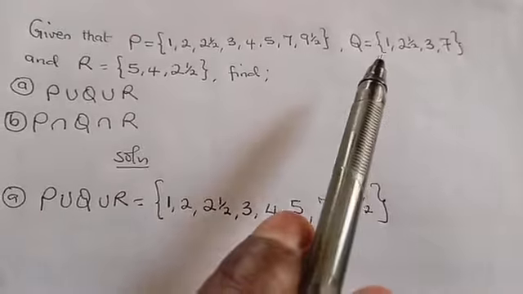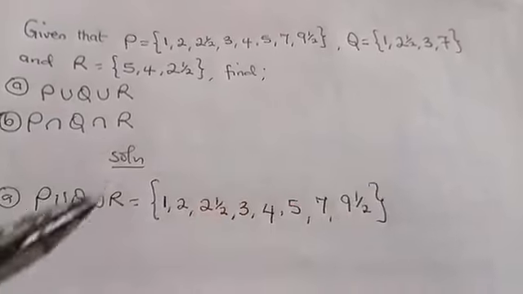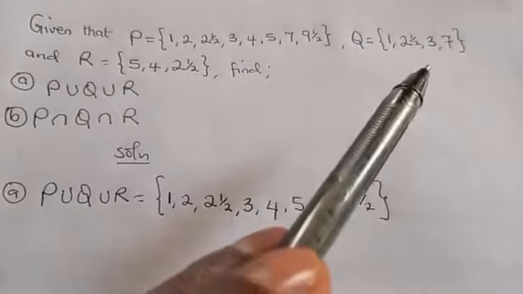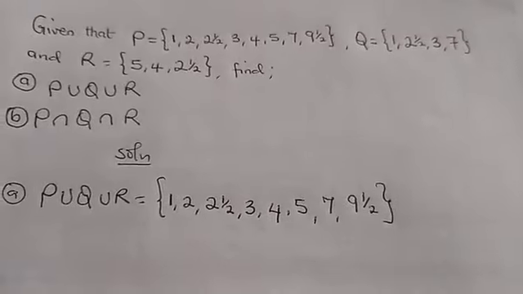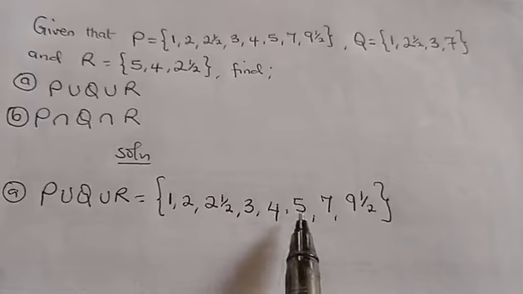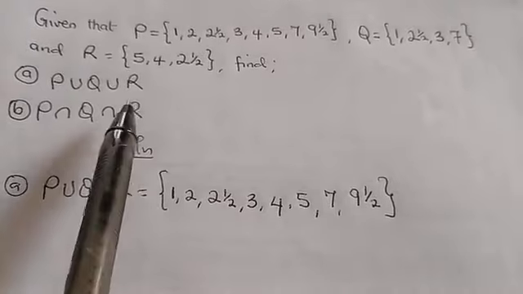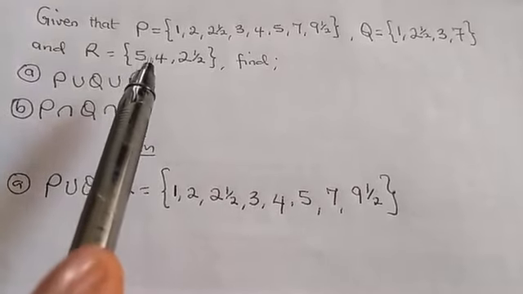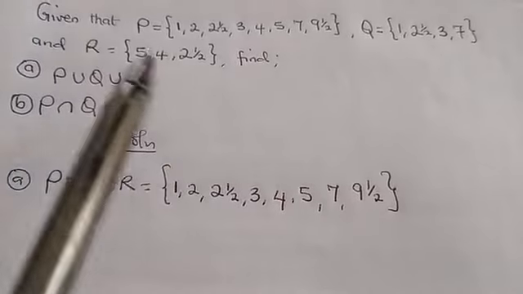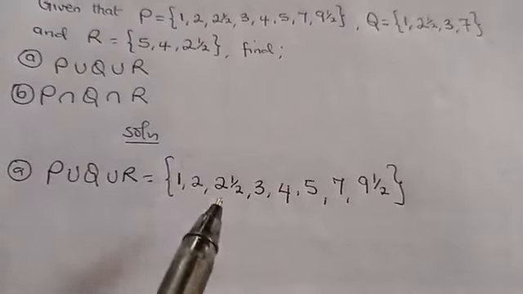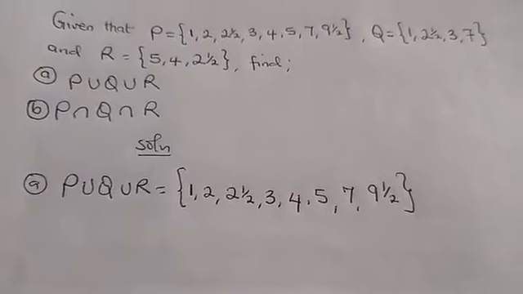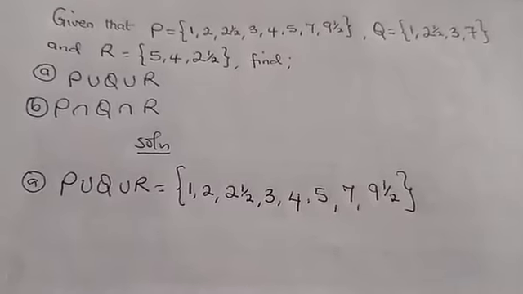When you come to set Q, there is 1. That one is already represented here. There is 2.5, there is 3, there is 7. So set Q is well represented in this solution. Lastly, when you come to set R, there is 5. That 5 is here. There is 4. You also have the 4 here, and there is 2.5, which is also represented here. So this is P union Q union R.